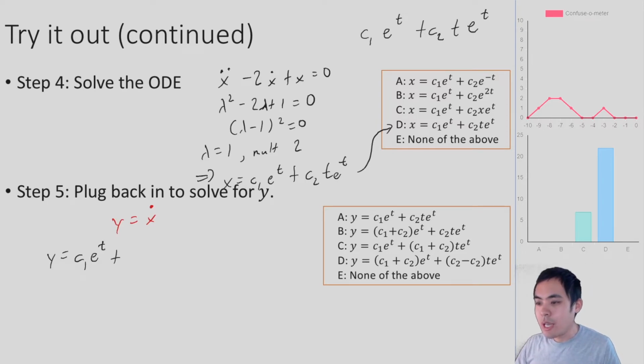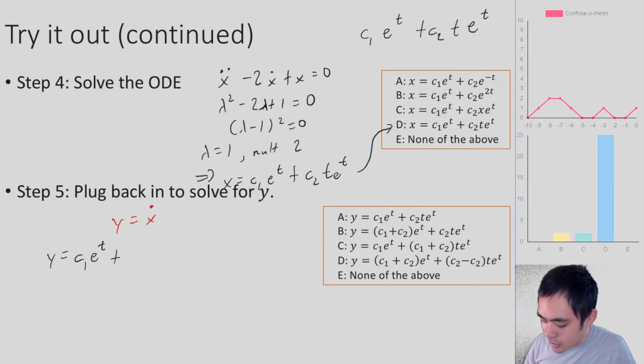Okay, so we have a number of different guesses for this last part. Well, what we have to do? We have to take derivatives. But now you have to remember that when you take derivatives with respect to t, you need to remember the product rule.